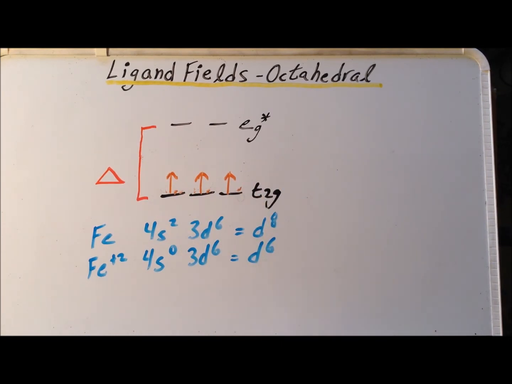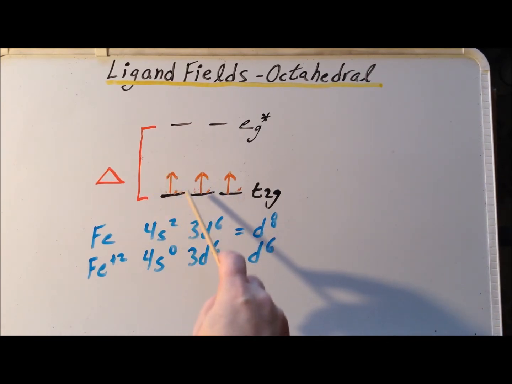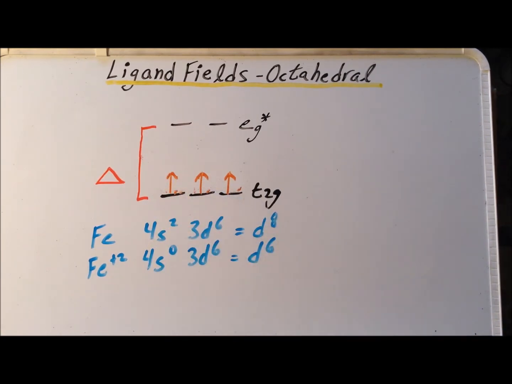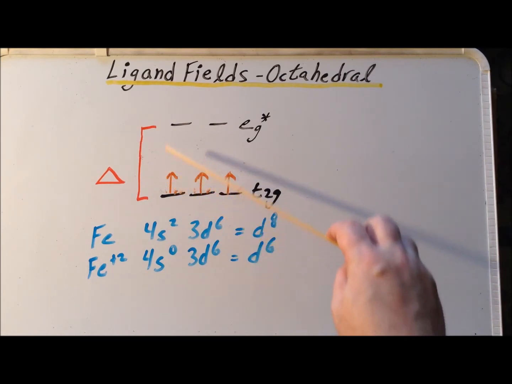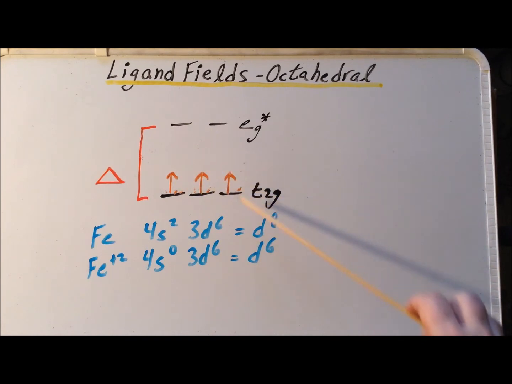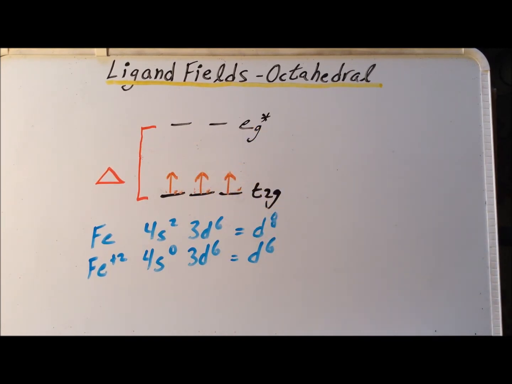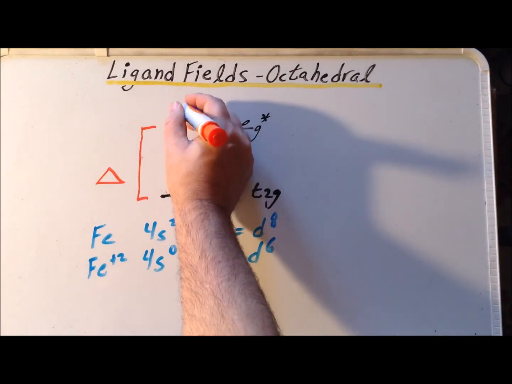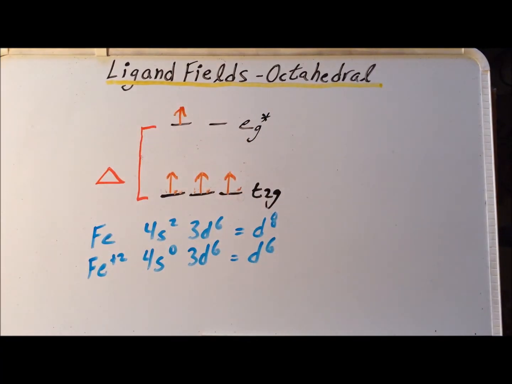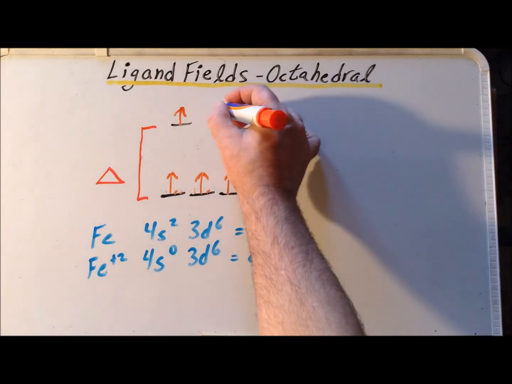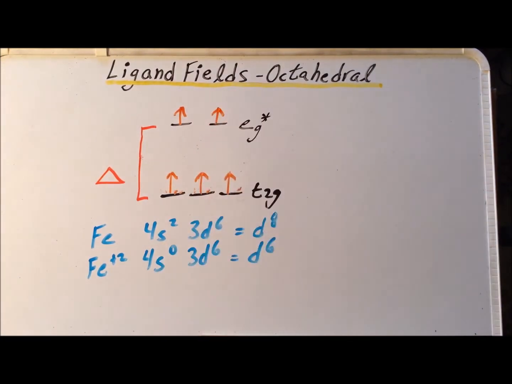But now in a weak field, rather than put another electron into the same orbital here, where it would experience a certain amount of electron-electron repulsion, the amount of energy needed to raise it from T2G to EG star is relatively small, so it is actually energetically favorable to put the next electron here. So the 4th electron would go in EG star, and now we continue with the 5th electron, applying Hund's rule again, so it goes there.